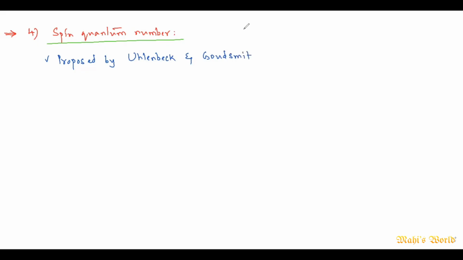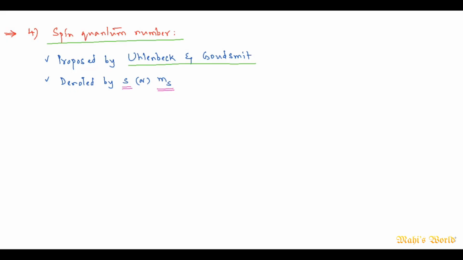Of course, people say it differently, Gaudsmit or Gaudsmith. It is denoted by either simply S or MS. S is the spin quantum number, no doubt, but what is MS? We call it magnetic spin quantum number.